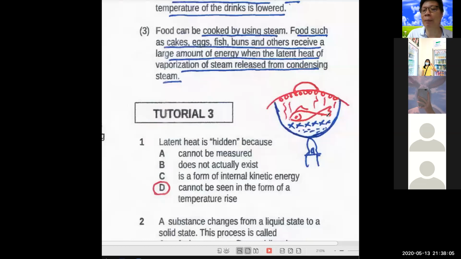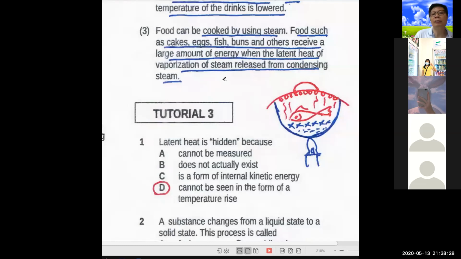Some of the vapor does not condense here, it will condense on the body of the fish, then it cooks even faster. Because when the hot vapor condenses on the body of the fish, it will release the latent heat of vaporization. So the heat released is used to cook the fish or cook the chicken.